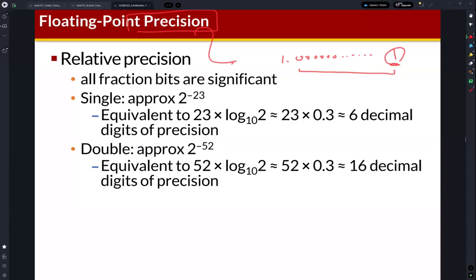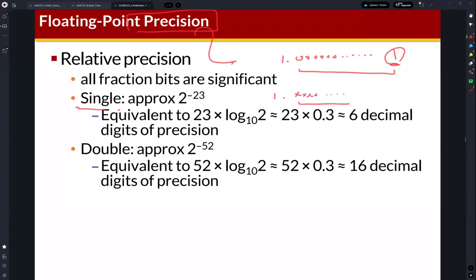So it's the same for single precision and double precision numbers. Okay. So the precision of single precision is approximately 2 to the power of minus 23. Because it's 1.xxxxx, right?